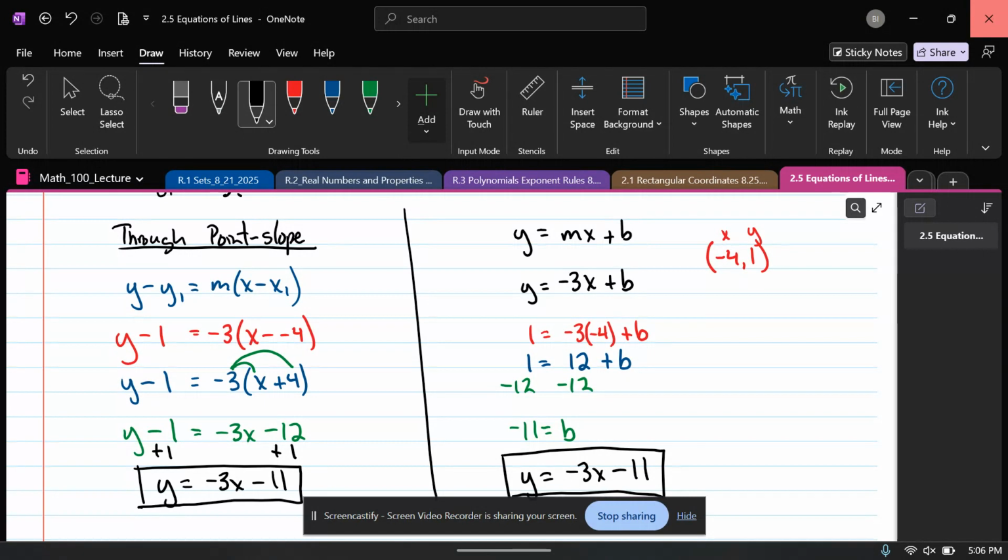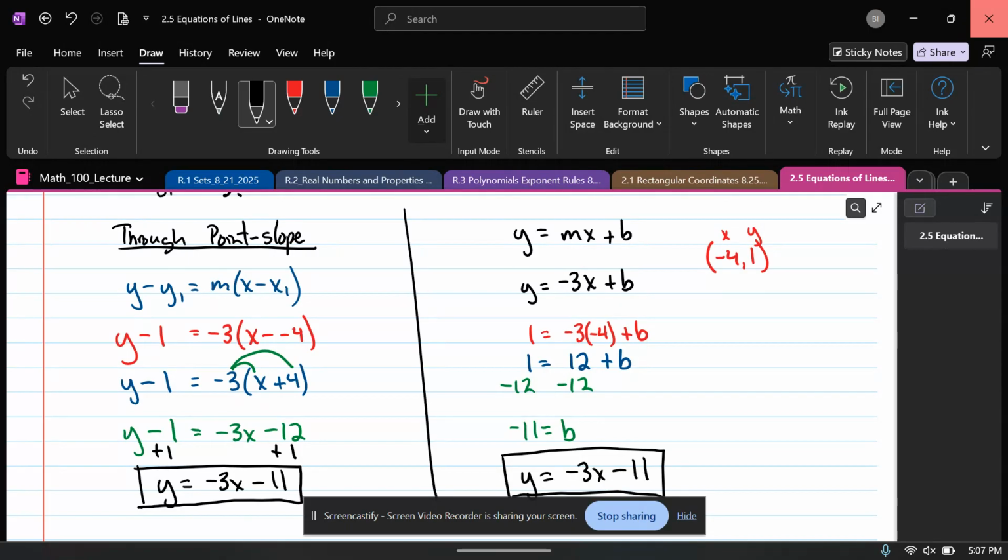I don't care which way you do it. I really prefer this way just because it makes me do point slope form. And if I know point slope form, all I got to do is get y by itself, and I have slope-intercept form.